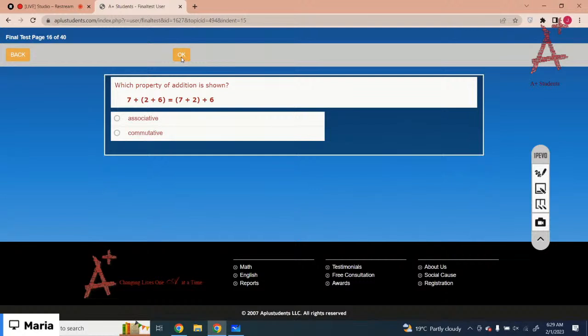So it is the associative property. Very good. 3 of the numbers are involved on both sides, so that would be the associative property.